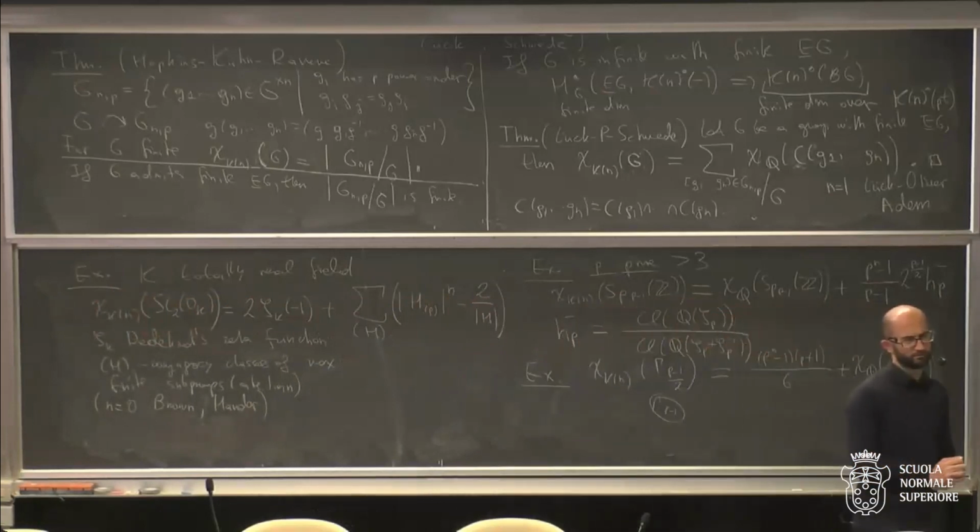Yeah, I don't know in general. This is a good question. I believe that in general this is probably wrong, because I'm not even aware whether it is obvious for finite groups.